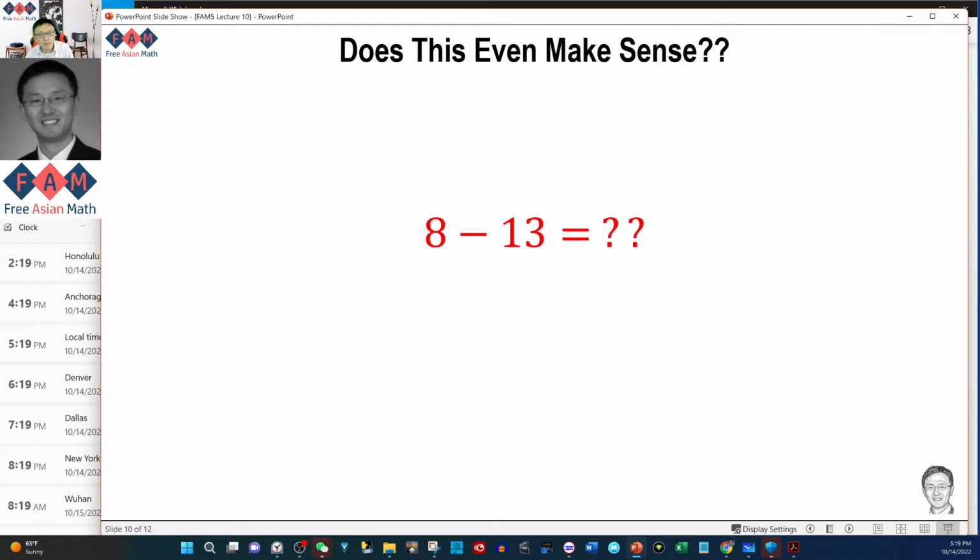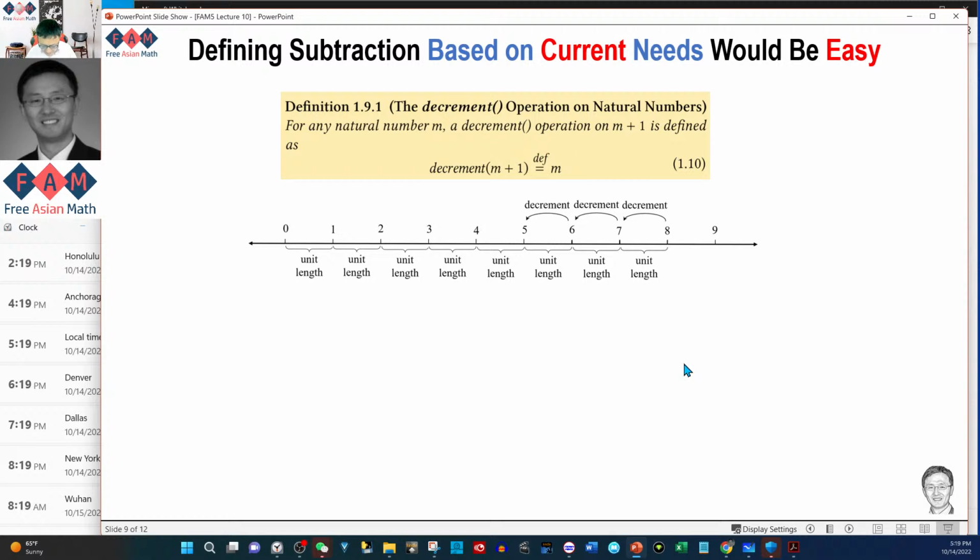That's our agreement when we define this subtraction operation in the first place. And fundamentally, it's because on the number line, we only define half of the number line. We only define everything to the right of 0.